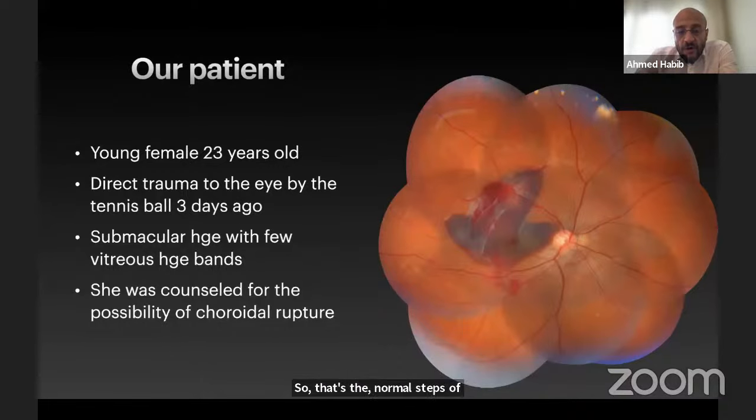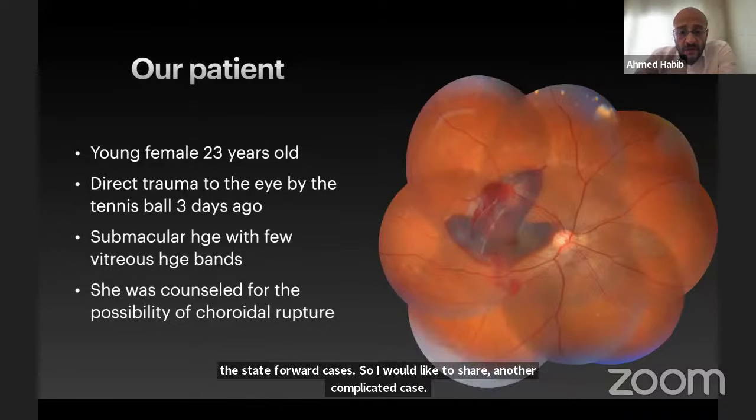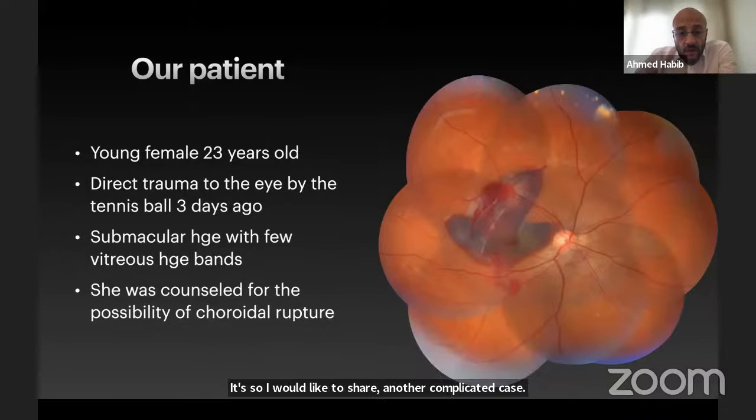But through hardships, we learn more actually than from the straightforward cases. So I would like to share another complicated case, a traumatic submacular hemorrhage case, which went out of the norm, from which I learned a lot, and I hope you learn from it as I did.